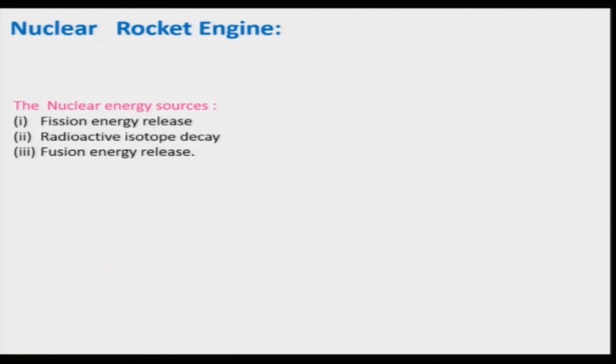In the case of a nuclear rocket engine, various nuclear energy sources can be utilized. Those are fission energy release, radioactive isotope decay and fusion energy release, but we will be discussing fission of the nuclear material. The nuclear fuel used in a nuclear rocket engine is enriched uranium, that is U-235, or plutonium Pu-239.